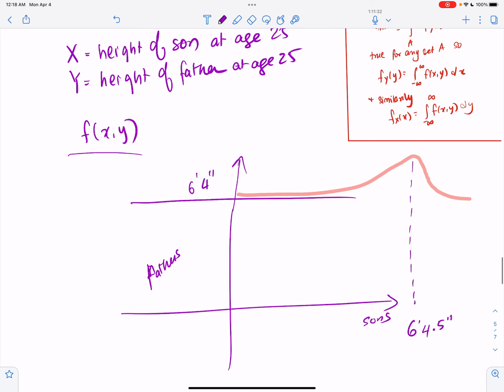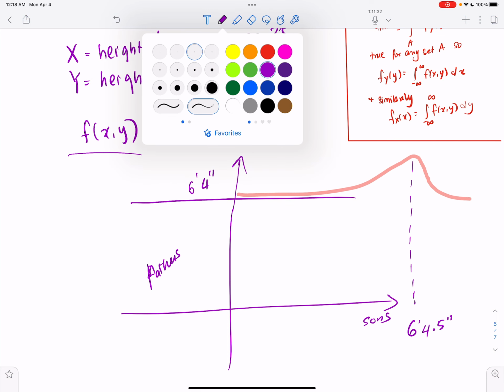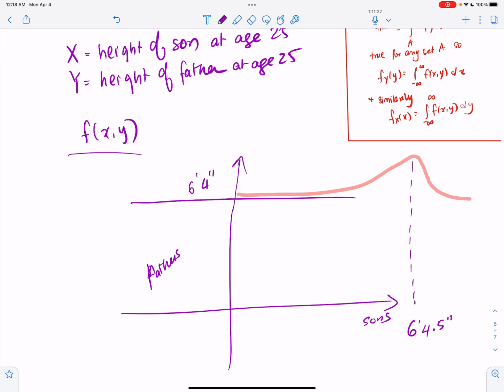But this function I've drawn, take it and rotate it so it's coming up out of the plane of this Surface.